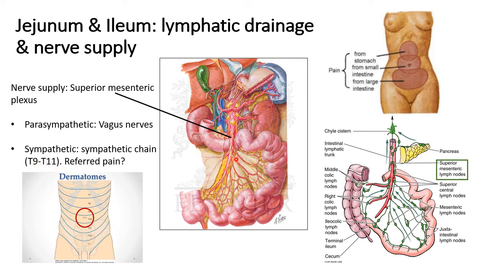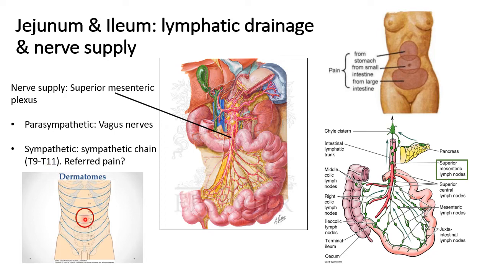Now, as we did with the stomach, you should also think of referred pain. Referred pain usually runs with the sympathetic supply, which comes from T9 to T11. So referred pain should be referred to the T9 to T11 dermatomes on the anterior abdominal wall.